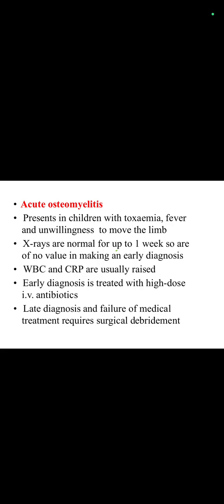Acute osteomyelitis presents in children with toxemia, fever, and unwillingness to move the limb. X-ray is normal for up to 1 week, so is of no value in making an early diagnosis. WBC and CRP are usually raised. Early diagnosis is treated with high dose IV antibiotics.